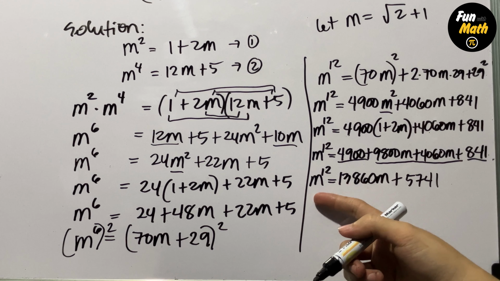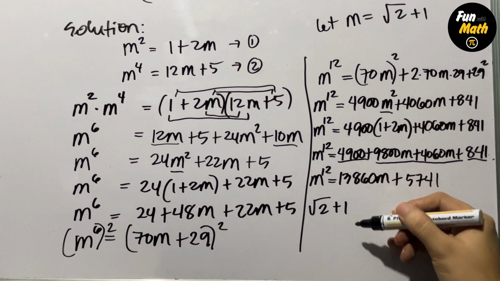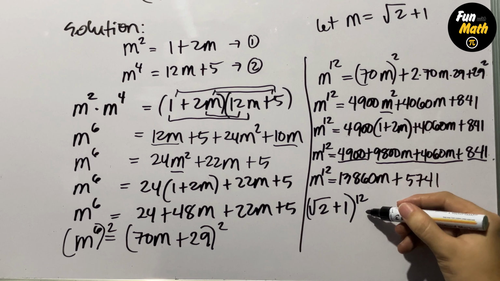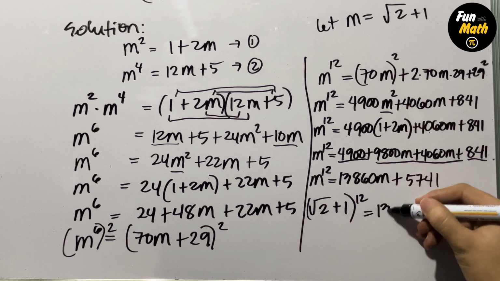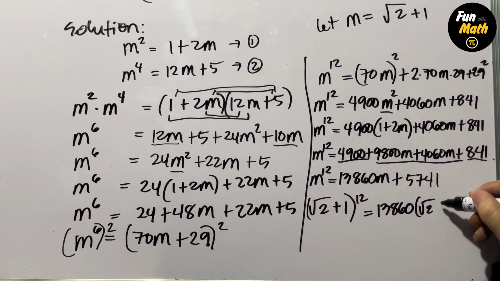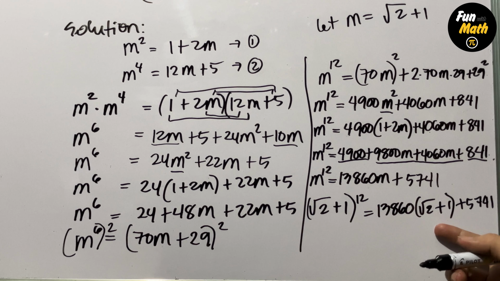Now next is, let's recall that earlier we let m be equal to square root of 2 plus 1. So instead of writing m, let's write square root of 2 plus 1 whole to the power of 12 equals 13,860 times square root of 2 plus 1, plus 5,741. Now let's multiply.